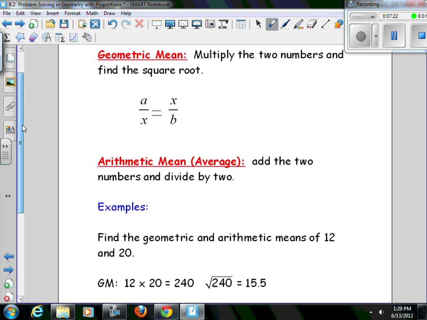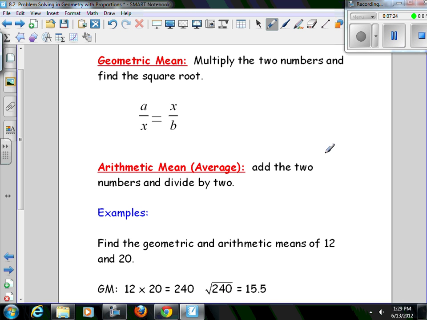I want to introduce a new term for you, the geometric mean. To find the geometric mean in this proportion, multiply your two numbers together and find the square root. That's basically what you're doing when you solve for X in this proportion. So you cross multiply, and you have AB is equal to X squared. And to find what X is, you take the square root of AB.